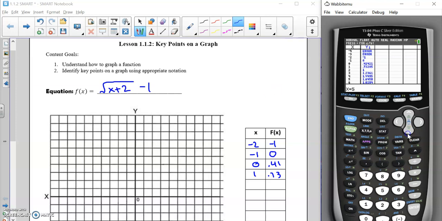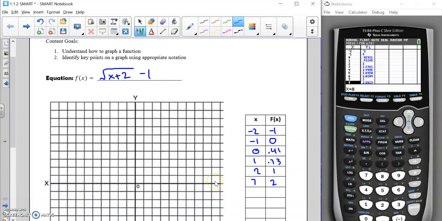So some decimals are fine, but it'll be nice to have some whole numbers here. So at 2 we have 1, and if we go down a little more, you'll notice that we have 7, 2. That's plenty of points for us to draw a decent picture here.